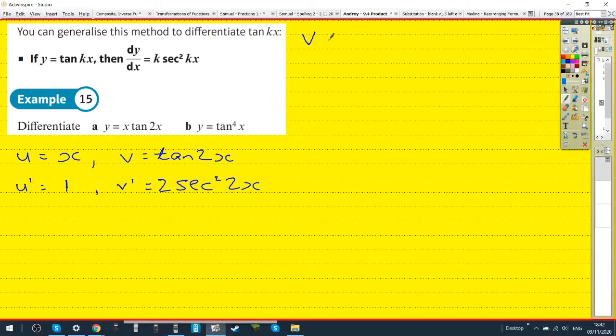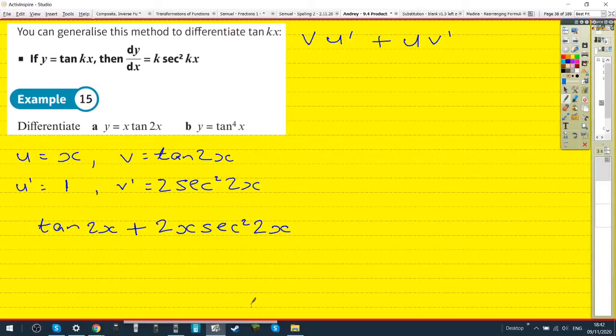The derivative of one multiplied by another is that. That's product rule. So will it just become tan 2x plus x times 2 sec squared 2x, or even 2x sec squared 2x.